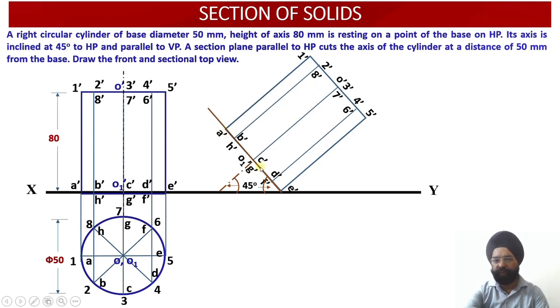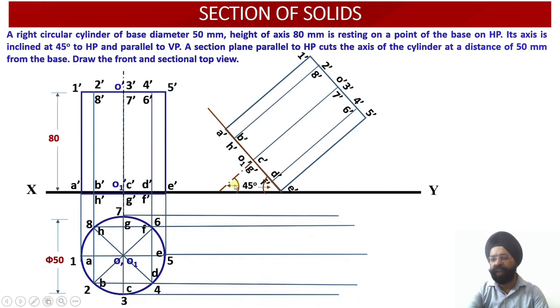From all these 5 points, draw a vertical distance of 80 millimeter and join all the vertical projectors or the generators as they were joined in this particular figure. So this figure has been transferred onto the horizontal plane at an angle of 45 degree, right? The axis is inclined at an angle of 45 degree with respect to the horizontal plane. Now the observer is going to look from the top.